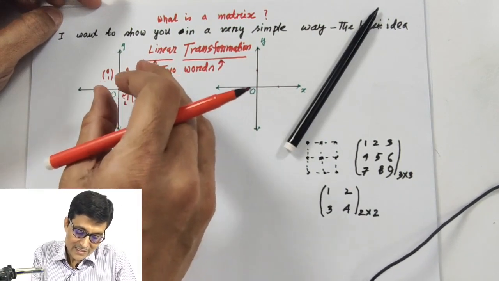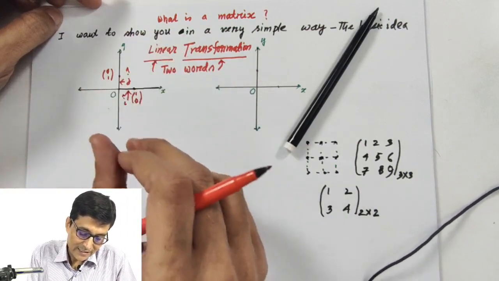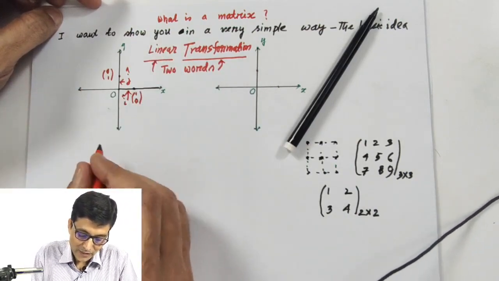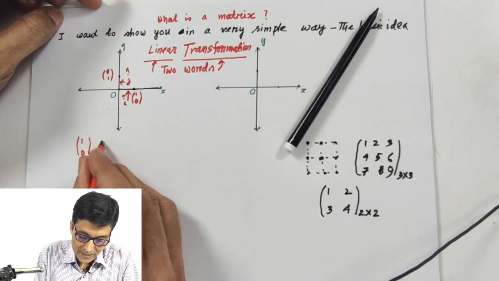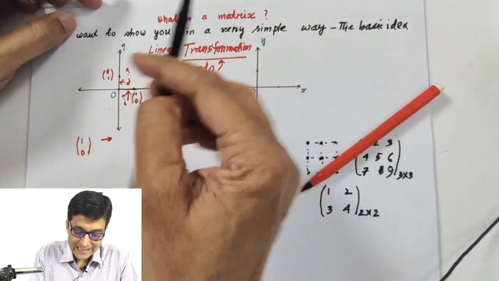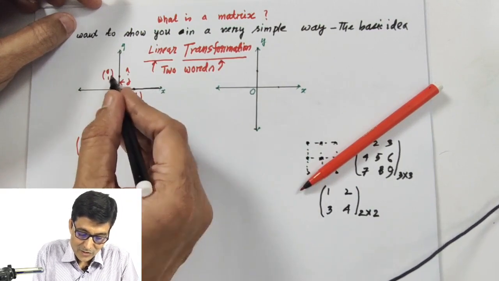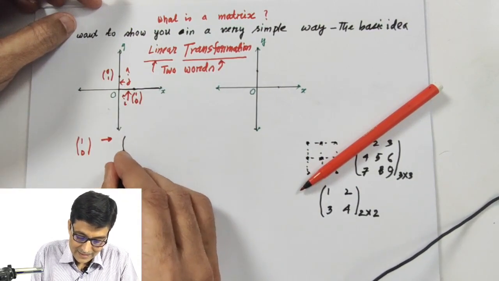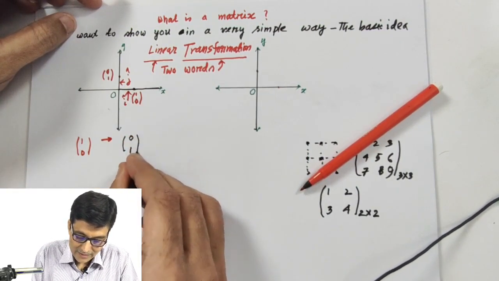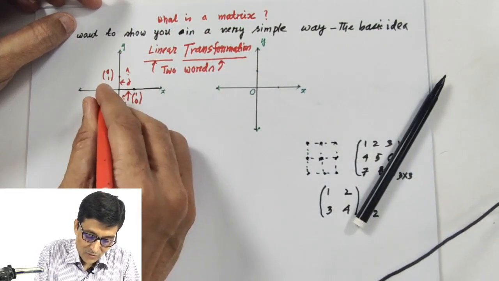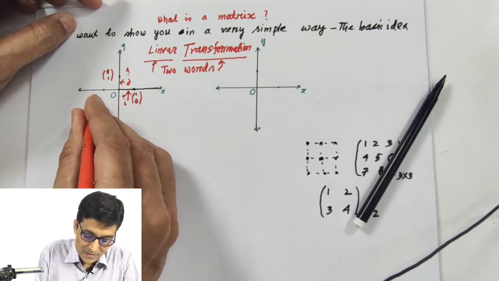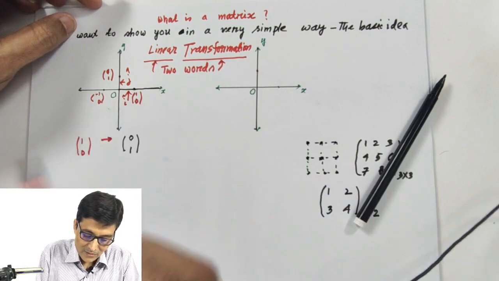Now, if these 2 axes are rotated by 90 degrees, then what happens? You find 1, 0 lands here, so it becomes 0, 1, and this point 0, 1 comes over here, it becomes minus 1, 0.